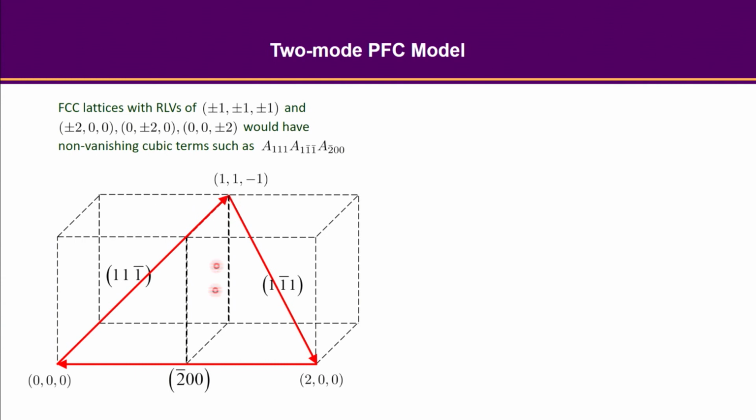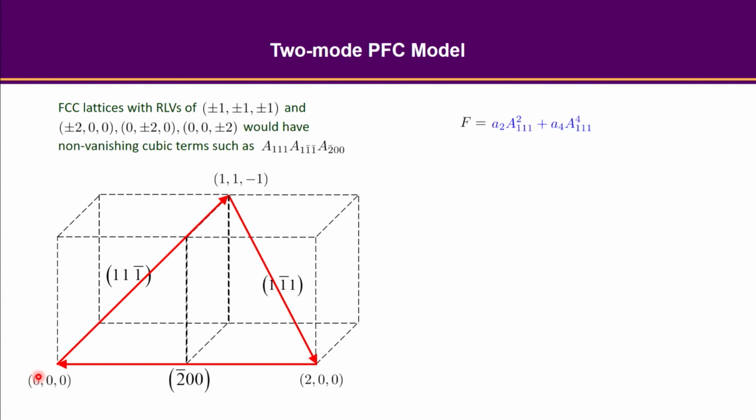If I add up this 1, minus 1, 1, the first component will be 2, the next will be 1 but minus 1 will be 0, and the third will also be minus 1 plus 1, which is 0. So I end up with this coordinate. By adding the third component, which is minus 200, it indeed goes back to the origin. So it forms a closed triangle in the reciprocal space.